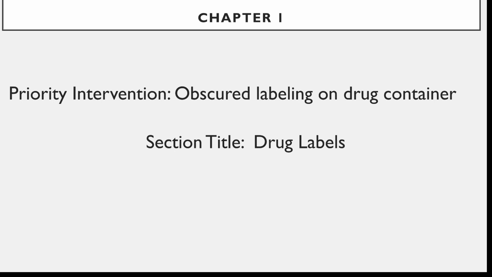When a drug label is soiled, obscuring some information, the safest action by the nurse and the priority action by the nurse is to discard the bottle and the contents, because drug labels contain a great deal of important information, far more than just the name of the drug.